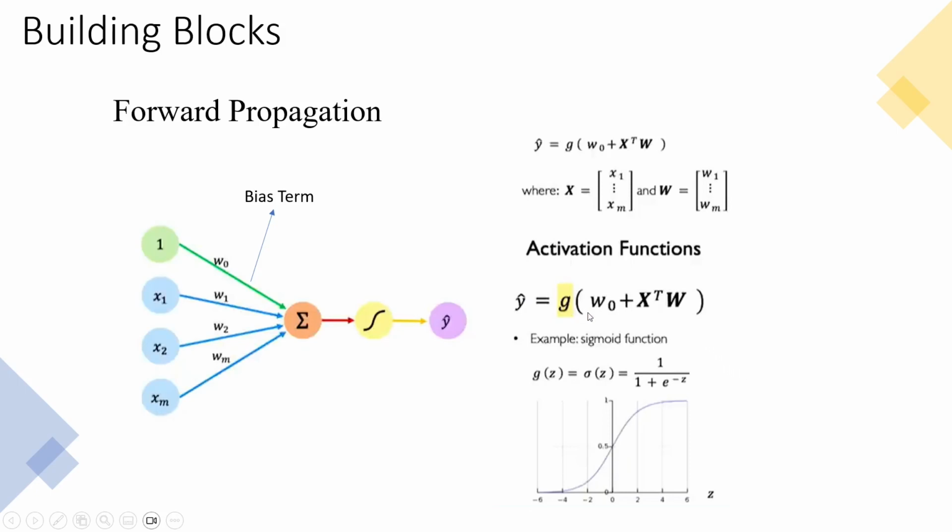We have this activation function which takes this matrix multiplication plus this one as the input, and when we use the sigmoid function as the activation function, if you remember from the logistic regression class, we had seen this sigmoid function. That's basically this one, 1 over 1 plus e to the minus z.